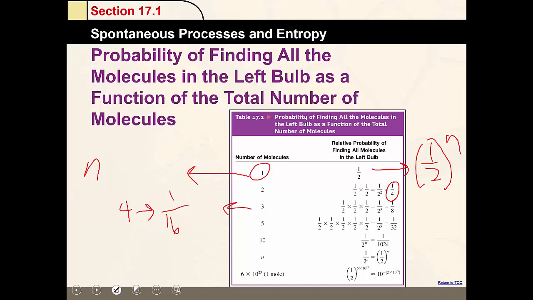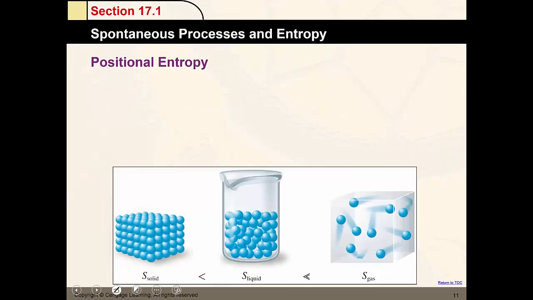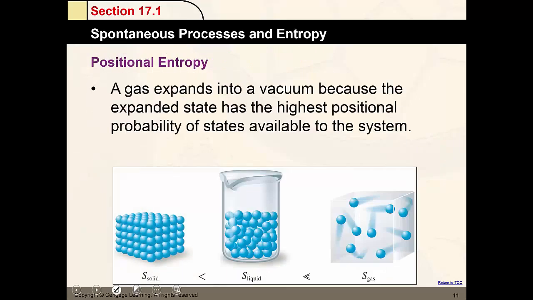So if we have an entire mole of molecules, Avogadro's number, 6 times 10 to the 23rd, that probability is so small, we consider it to be nearly impossible. Okay? So all of them going to one side is almost entirely impossible.